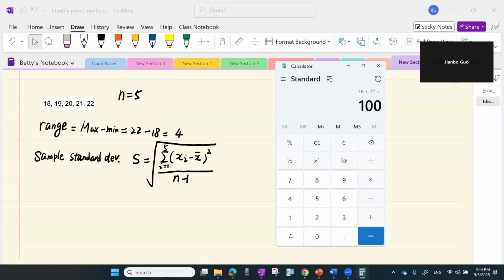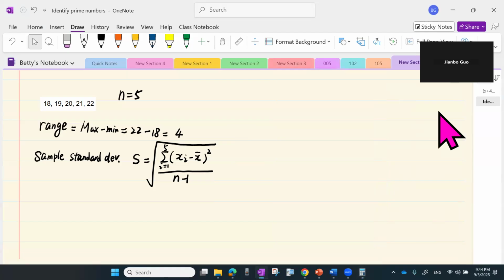And then divide the sum. Oh, it happened to be 100, right? It's a coincidence. Divide the sum by 5. The sample mean is 20. So x bar is 20.